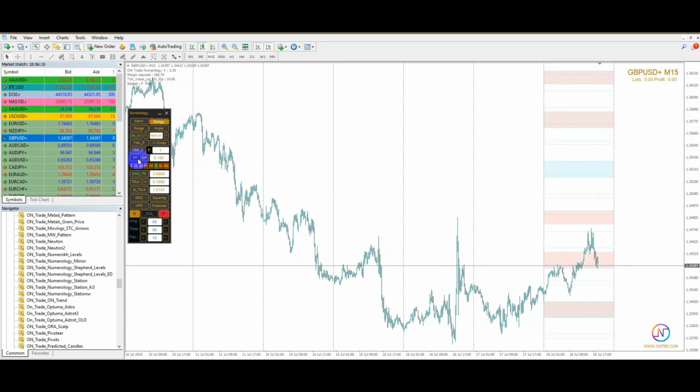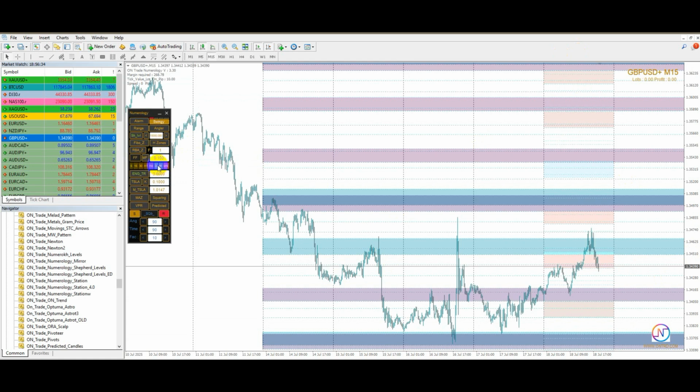FF, as I said, will draw these zones that can be used with the range function or with the SQ9 function. You can use this zone from daily, this one from weekly and these zones from monthly.